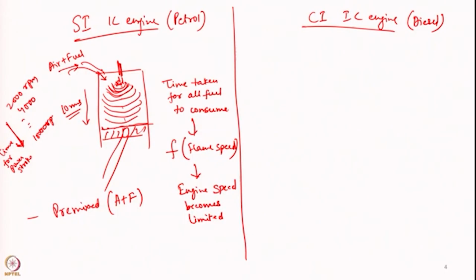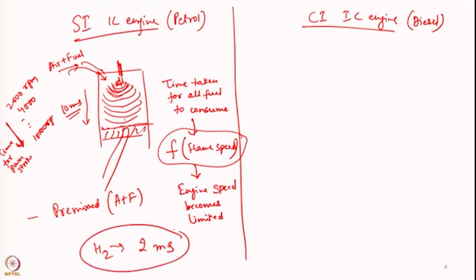Whenever engine RPM goes up, the time that is available for the combustion or for the power stroke reduces, and there comes this flame speed, a very important part. So, if you have a fuel which burns very fast, reactivity is very high, flame speed is very high, rather than 10 milliseconds, hydrogen may burn in just 2 milliseconds. Okay.